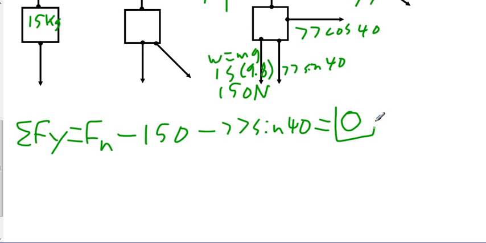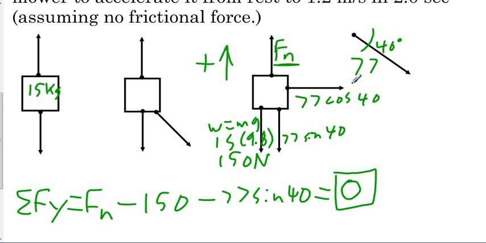And this tells us that we are in vertical equilibrium, which simply means that the normal force is equal to these two going down, which means that our lawnmower is not accelerating into the ground. It's also not accelerating up into the air.